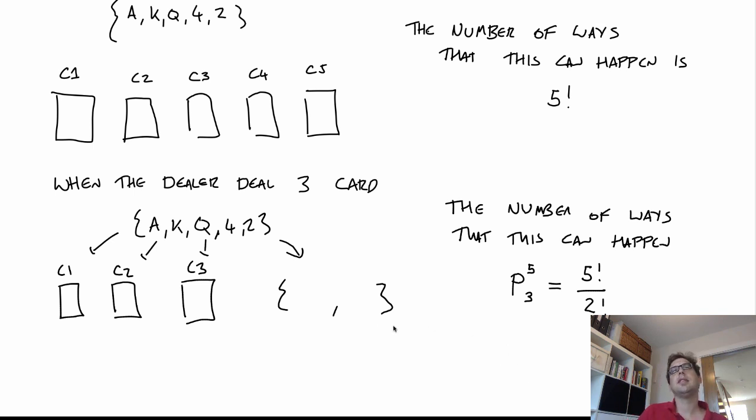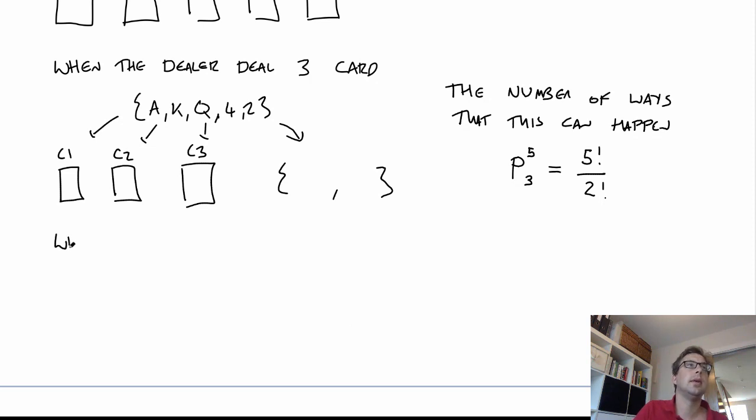Why is that? By removing the order for these 2 cards, we've effectively divided by 2. The outcome where we get a 4 and a 2 is the same to us as the outcome where we get a 2 and a 4. So there's half the number of things that we consider, which is why we divide by 2 factorial. It's because we don't care what's left in the dealer's hand, or the order of what's left in the dealer's hand.